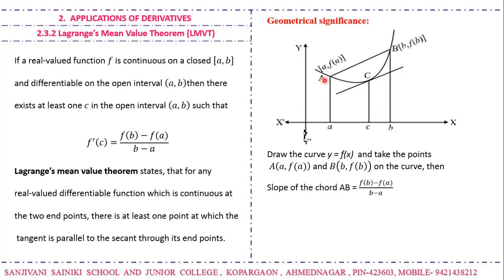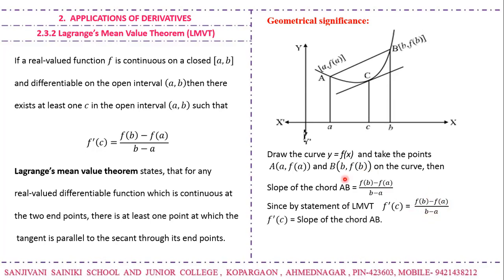Then what is the slope of this chord AB? The slope of this chord is y2 minus y1 upon x2 minus x1, so f of b minus f of a upon b minus a. By the statement of LMVT, f dash at c is this, f of b minus f of a upon b minus a.